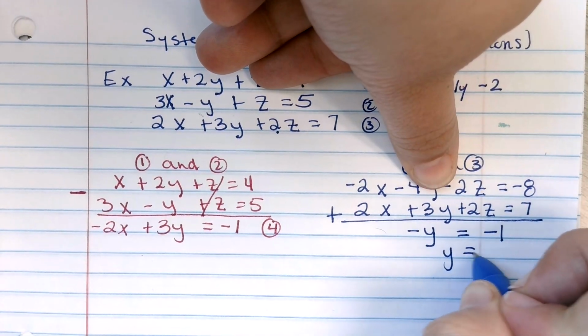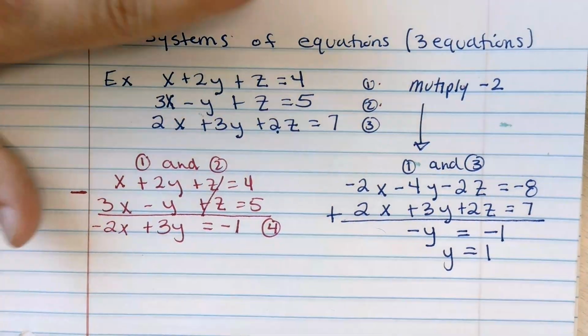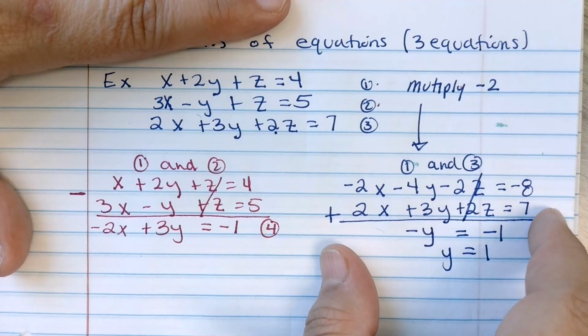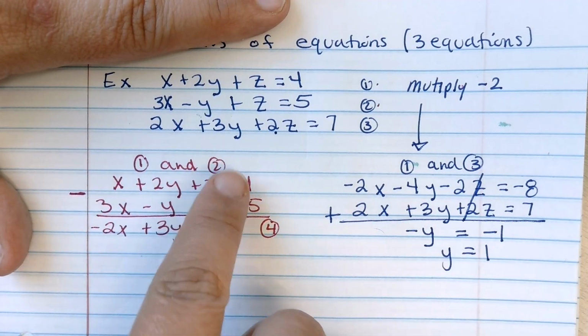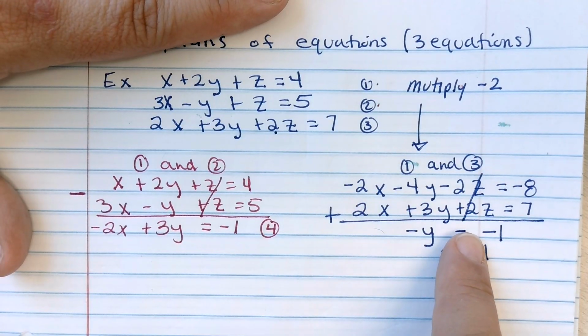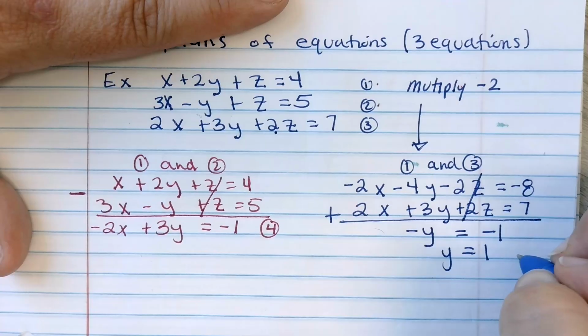So already I found out that y equals 1. Notice that in both sets of equations that I've used, I'm eliminating the same variable. You can't eliminate z in this one and then come over here and only eliminate y. That won't get us where we want to go.